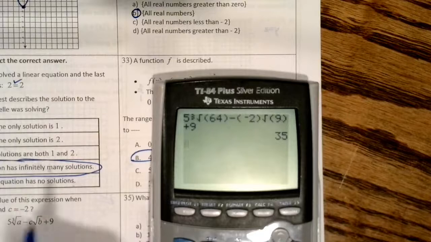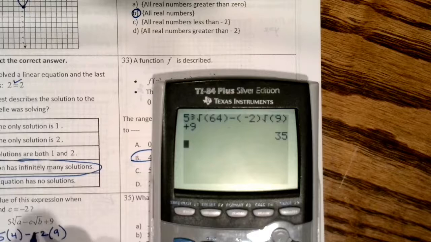Sometimes the buttons can get messy, so I'd rather fill it out myself. The cube root of 64 is 4, minus negative 2 times 9, plus 9. This is 20, and then this is going to be minus a negative, which means plus 18, plus 9.